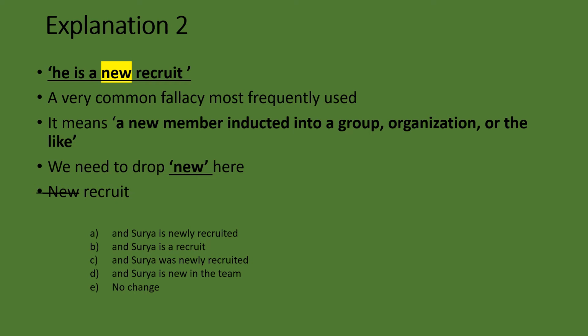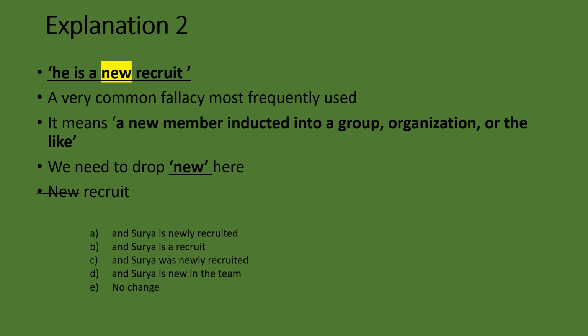Now option D, though the particular sentence is correct, there's nothing wrong with the sentence. But the problem here is that if you see the parallelism of the sentence before and after "and", that's the problem here.